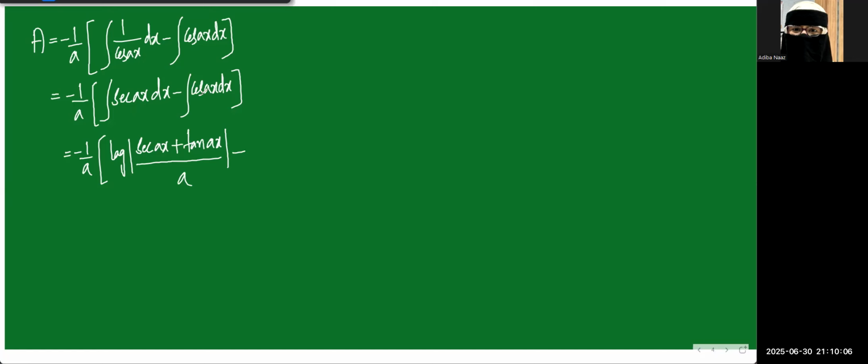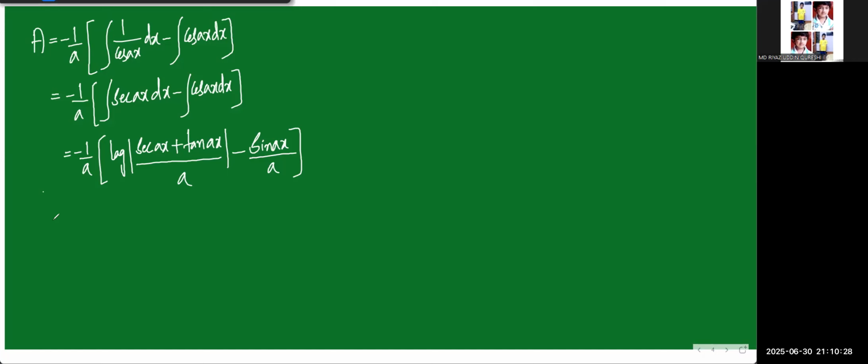Minus integration of cos ax is sin ax, but the coefficient of x is a, and one more a is there outside. We have to consider that also. Let's multiply with that also.